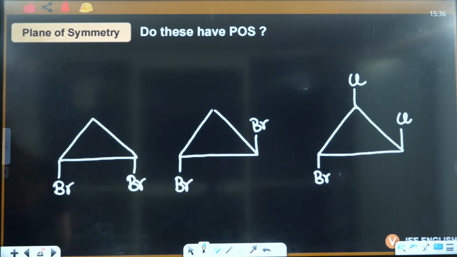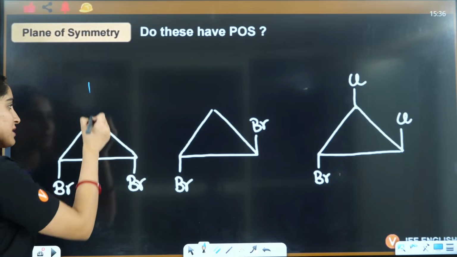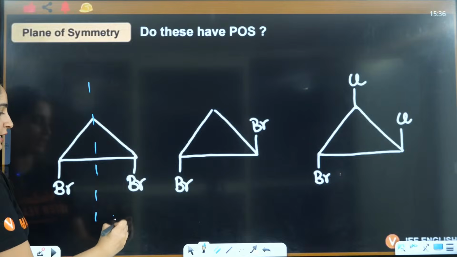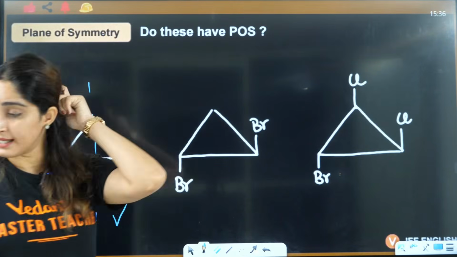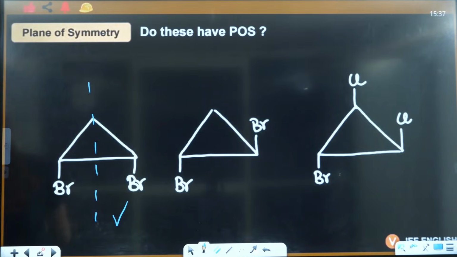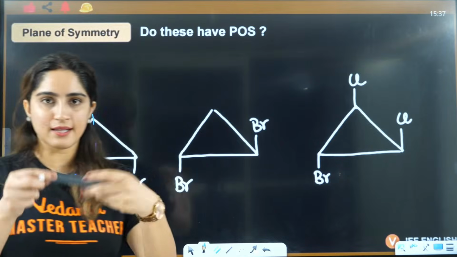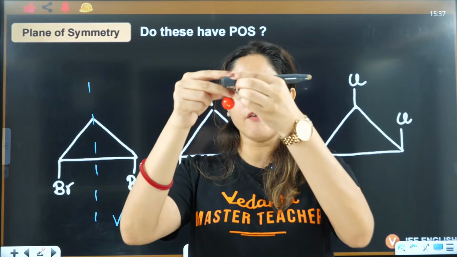Now we are not talking about the same side, we are talking about different carbons. If you pass a plane like this, definitely it is a plane of symmetry. But in this case, let's say two Br are the same now. Let's say this is the length of that cyclopropane that you have.